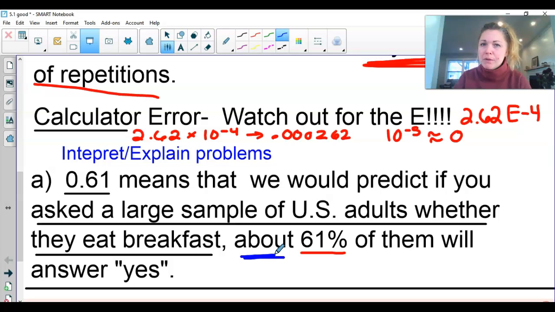Let's think about it if we flip a coin. If we flip a coin 100 times, what would we expect to happen? It should be 50% of the times we flip heads. So we would say 0.5 means that we would predict, if we flipped a coin many, many times, about 50% of them will land heads. Will it exactly be 50%?